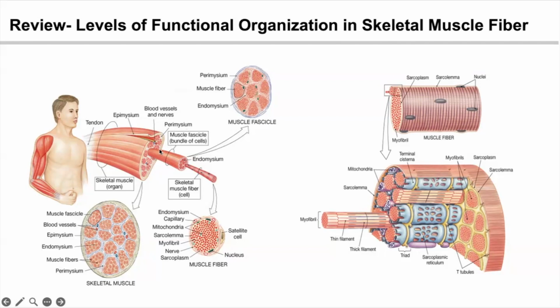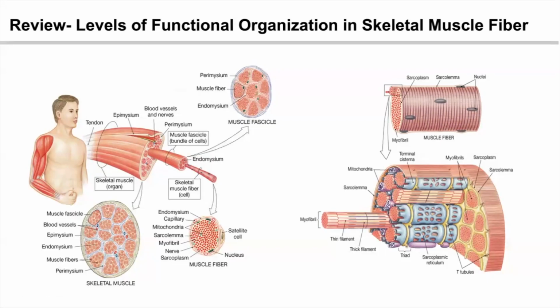These enclose compartments known as muscle fascicles. Each of these muscle fascicles in turn is made up of muscle fibers. What are muscle fibers? Muscle fibers are nothing but muscle cells. In case of muscle, we usually call them muscle fibers.